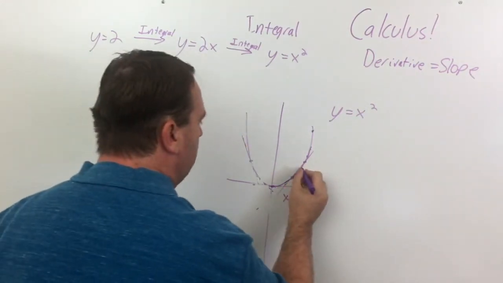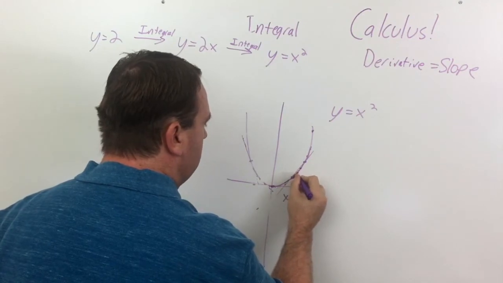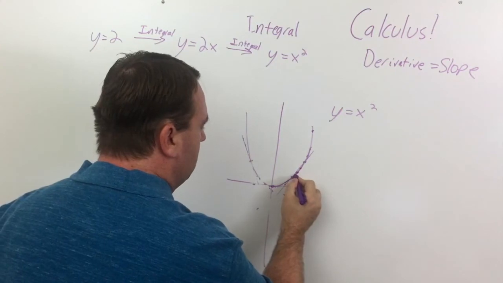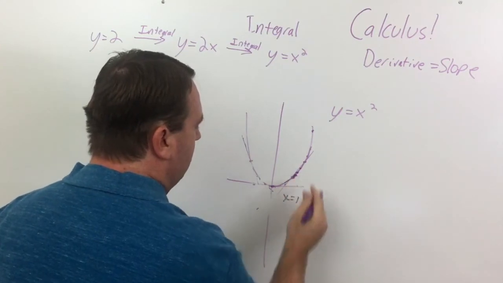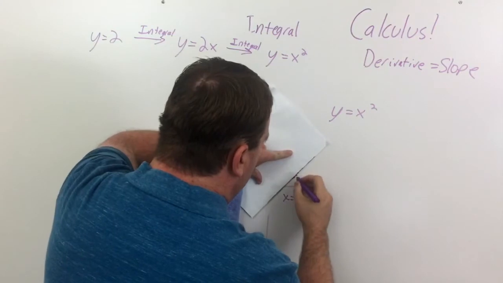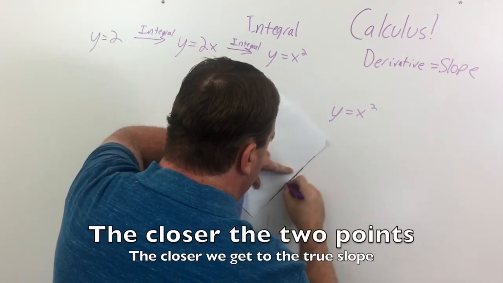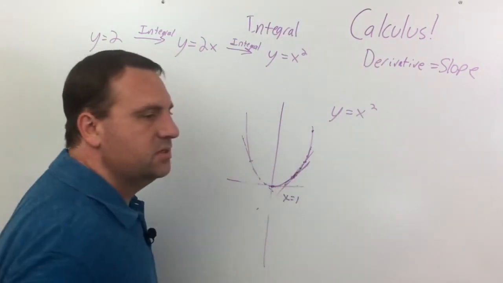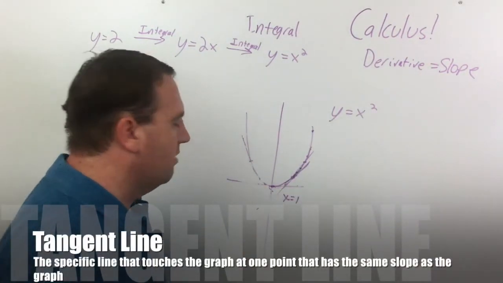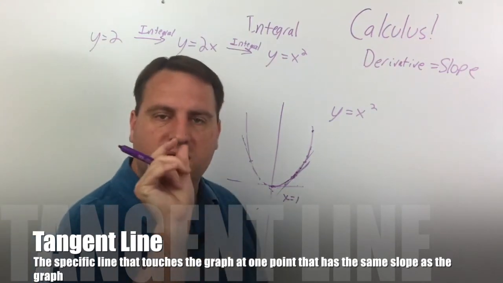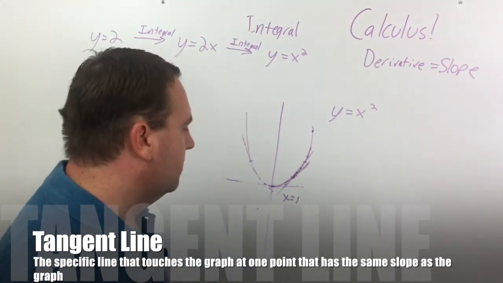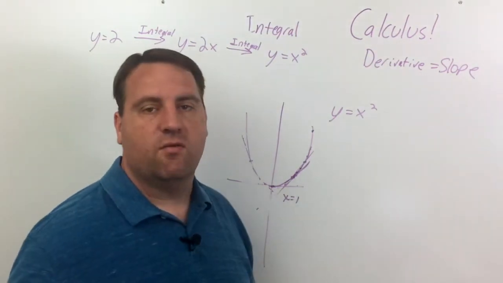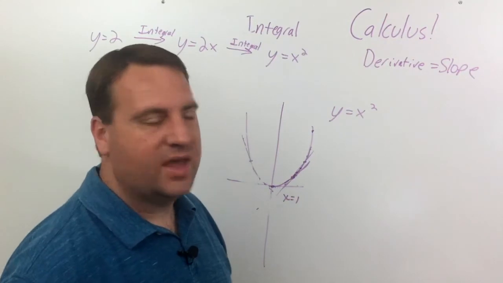Because this curve is smooth and continuous, the closer these points get together, the more exactly it will be our slope. And this is known as the tangent line. It just barely touches the graph. So if you find 2 points that are barely far apart, they will give you an estimate of what the actual slope is at that point.